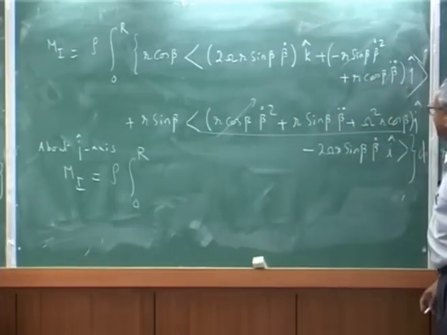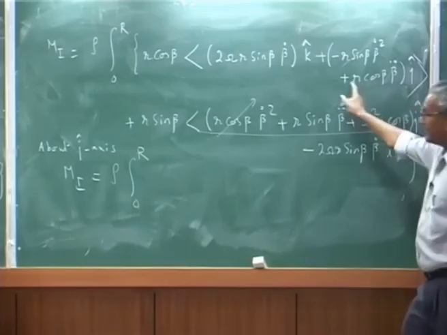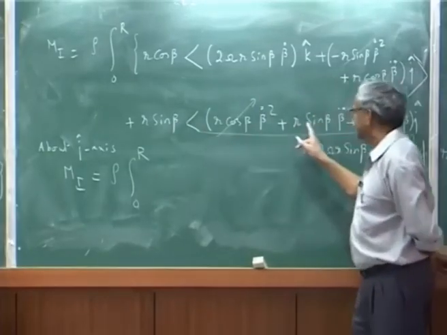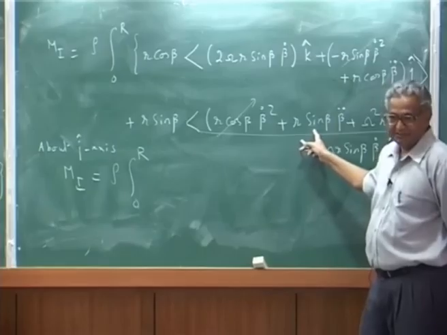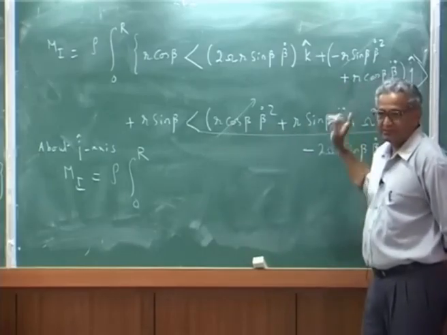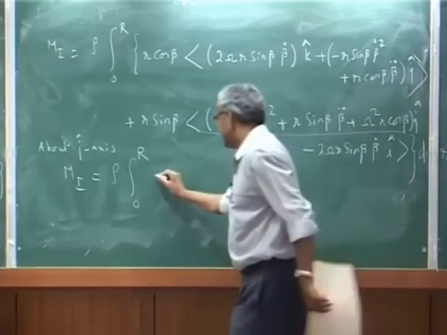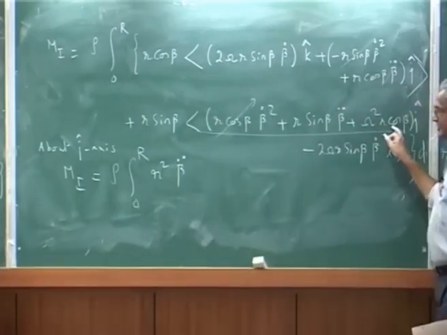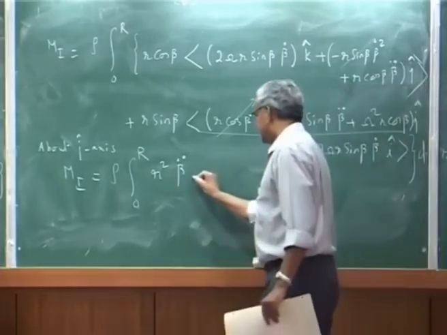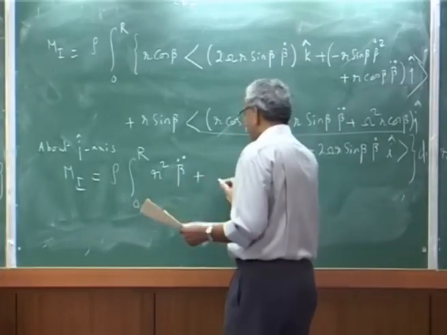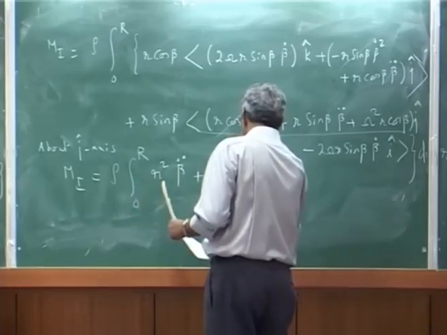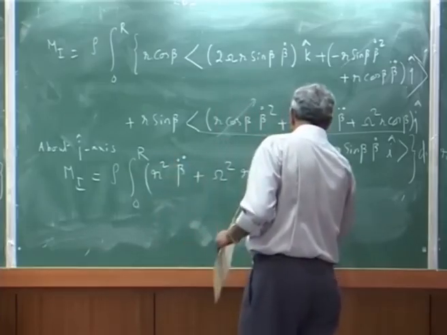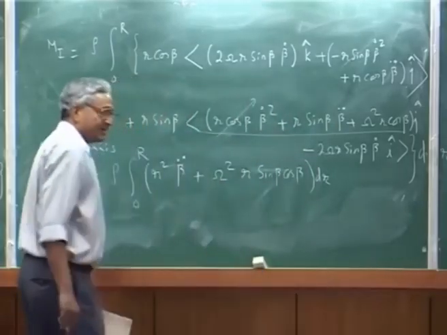Then here you have r cosine square beta double dot, and here r sin square beta double dot. Sorry, r square sin square. So sin square plus cos square is 1, and you will have r square beta double dot. Then you will have this term plus omega square r sin beta cosine beta dr.